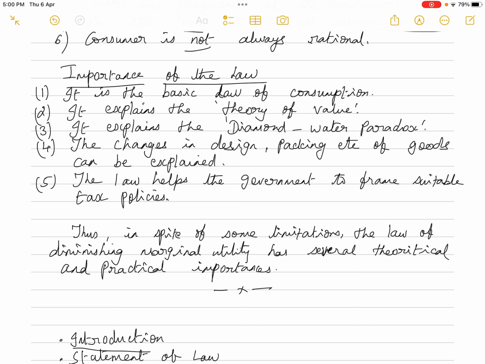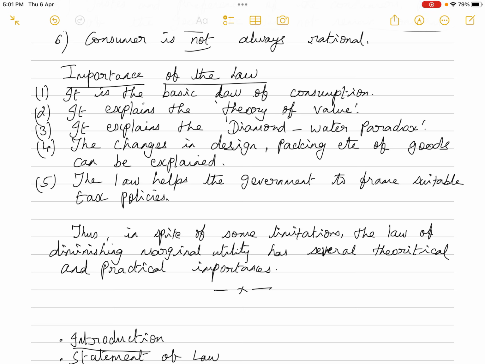So if the producer wants to change the price, the original commodity might be the same, but he can change the price by changing the way the commodity is packed, changing the color of the wrapper, or changing the color of the commodity. Different colors of soaps we are getting, isn't it? By changing the design and the packing methods, the producer can change the price of the commodity.